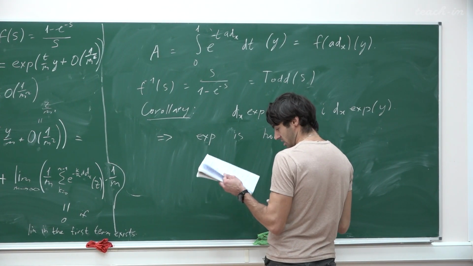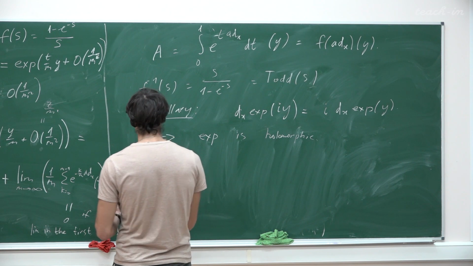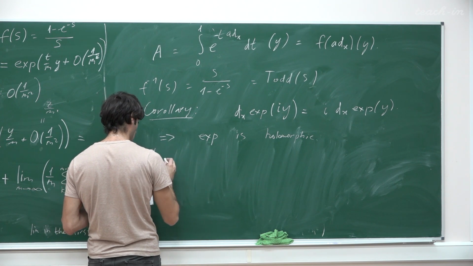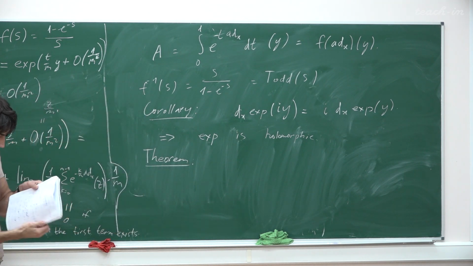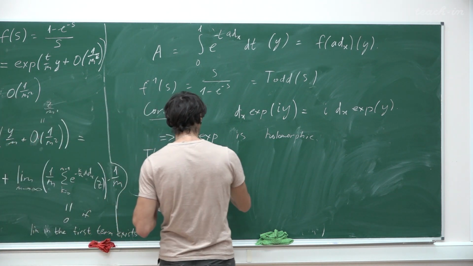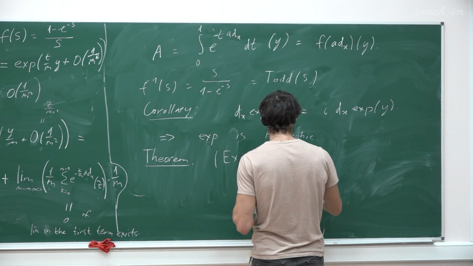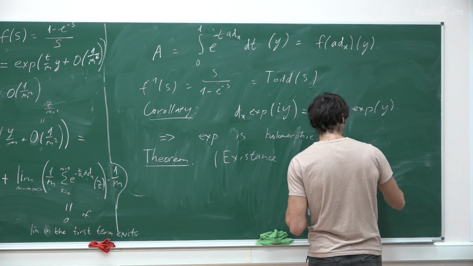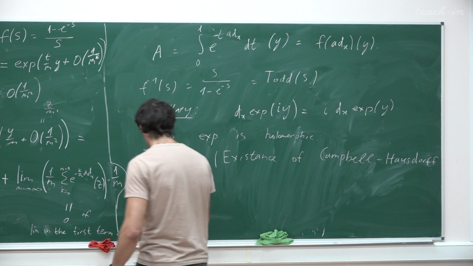All right. But all this story started with our wish to prove the following theorem that I stated last time. Let me state it one more time. We call it the existence of the Campbell-Hausdorff series.